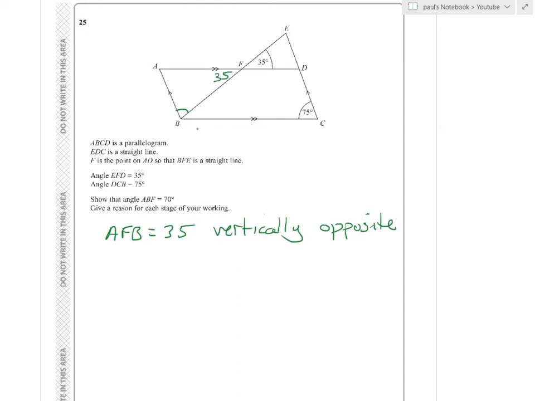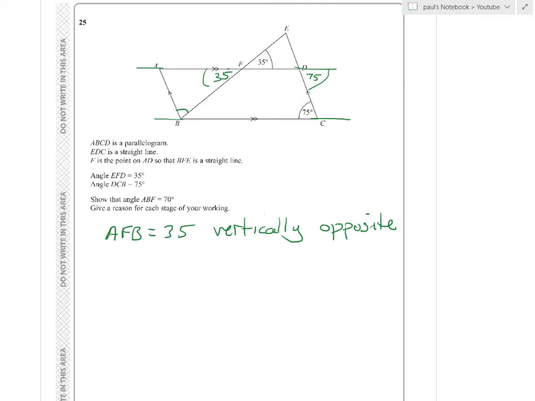Now we must have something going on with angles between straight lines. So this is parallel, so I'm just going to extend that a little bit so that it looks more like it, and I get an opposite angle here. So that's 75.